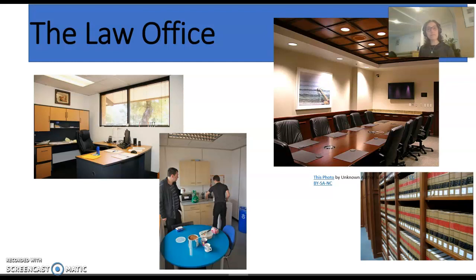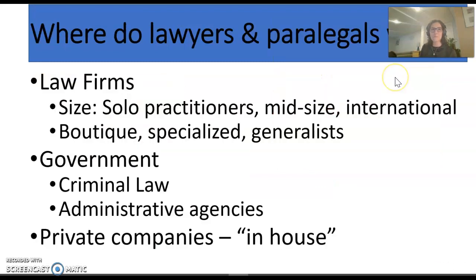We see conference rooms where depositions could be held or possibly meetings with clients or witnesses. We see a law library because, of course, attorneys and paralegals are constantly researching the law. And we even see a kitchen, a break room. So these are some typical images of law offices. I'd venture to say a lot of times these days, we're also seeing the inside of somebody's home, bedroom, home office, basement, kitchen table, even backyard, as we all continue to work from home.